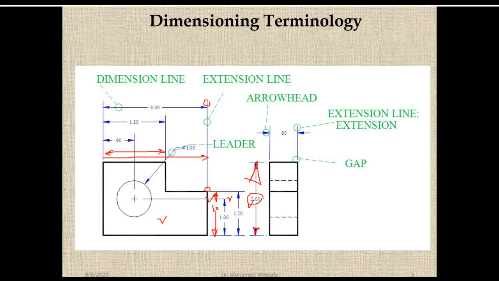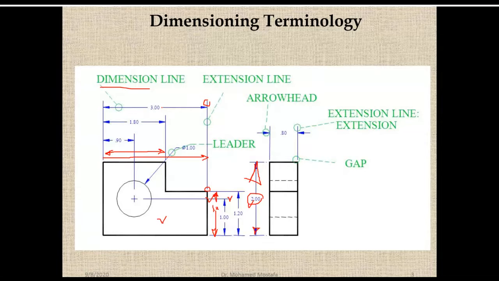Okay. Now this line is called the dimension line itself, and it is distinguished from the other lines by adding the arrowhead. You have an arrowhead here and an arrowhead there, and this refers to the width or whatever in between these two extension lines measuring 3 centimeters, 3 meters, whatever, based on the units that you are using.